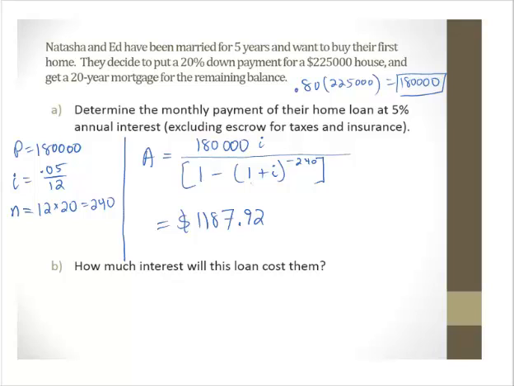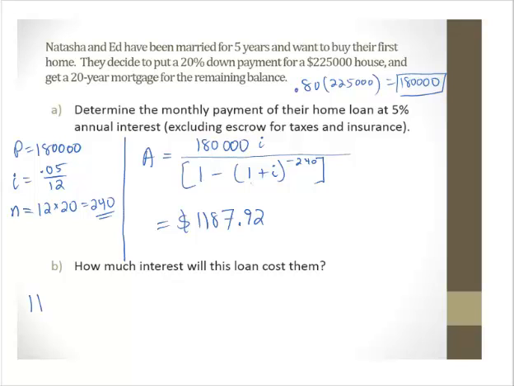Now we could lower the payment by having the number of years go longer. So if we changed it into a 30-year mortgage, you would get a lower payment, but you're over more years. How much interest will this loan cost them? So if we think, okay, they're paying $1,187.92 for 240 payments.